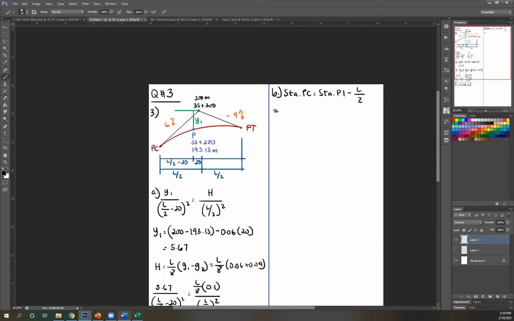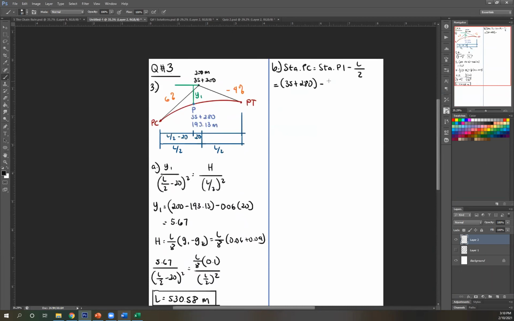Okay, so stationing of PI is 35 plus 280 minus L over 2, and L is 530.58. So the answer to that is 35 plus 280 minus... So 35 plus 0.14.